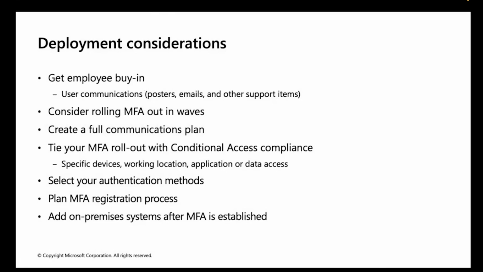So maybe for a specific device, working locations, applications, or data access, we can configure if MFA is required for these different kinds of signals or not. So we can combine MFA with conditional access policy.